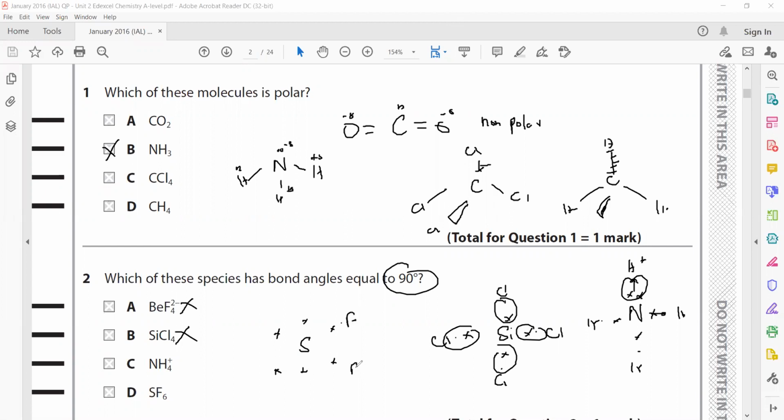So fluorine are bonded. I'm just drawing the bonded electron of fluorine. So 6 bond pairs are there and no lone pair. It means the bond angles will be 90. That's why D is the right answer.